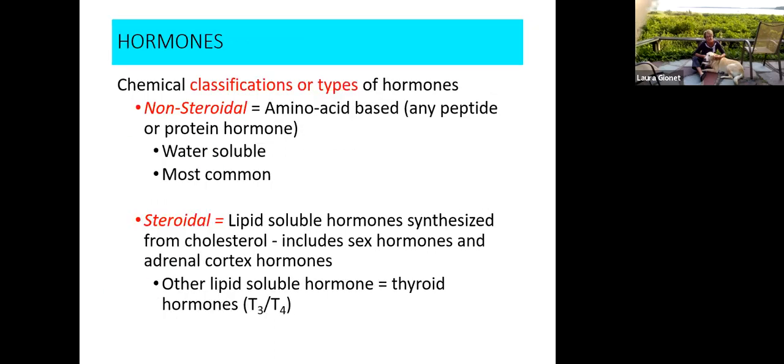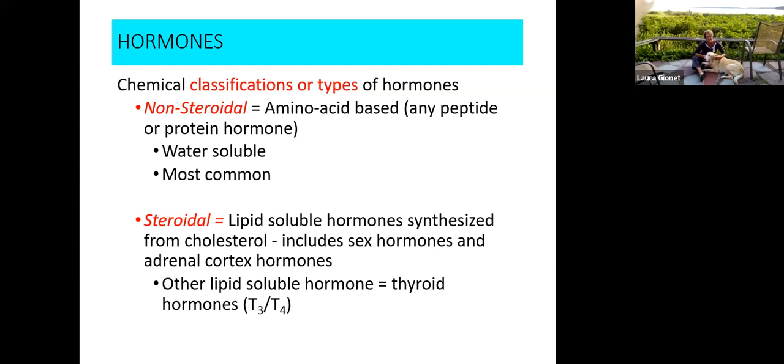Right, so hormones: chemical classifications or types of hormones. We have two general categories, kind of like looking at blood, where we said we have formed elements and plasma. When it comes to hormones, they're classified as non-steroidal or steroidal. Non-steroidal hormones are generally amino-based, any peptide or protein hormone.